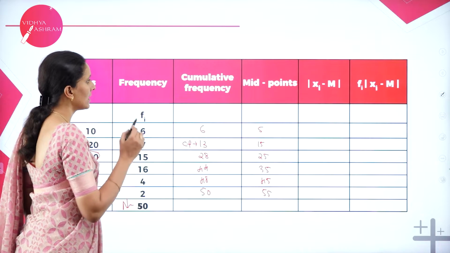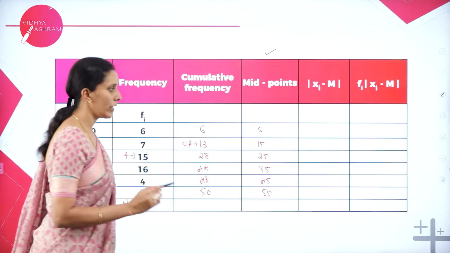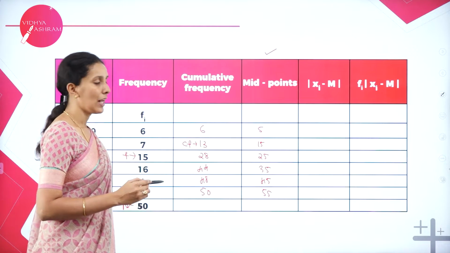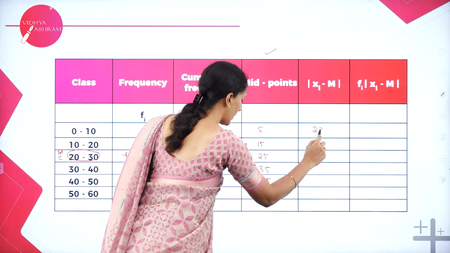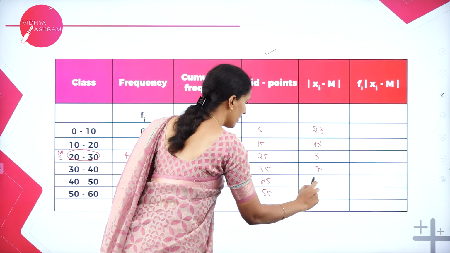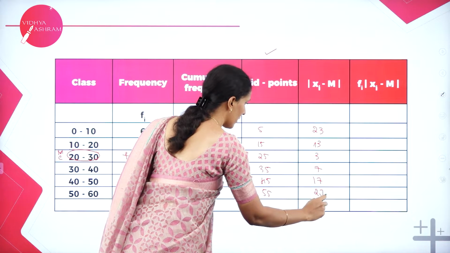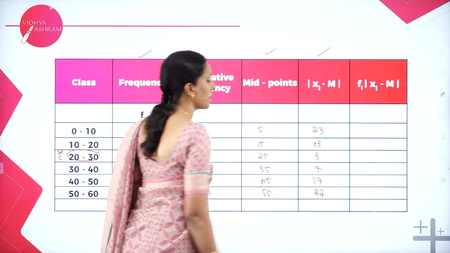Now let us subtract 28 from each midpoint. That is 28 minus 5, 28 minus 15, like that. So when you subtract 5 from 28, it is 23. Next it is 13, 3, 7, 17, 27. Now let us multiply the frequency with the absolute value of xi minus m.